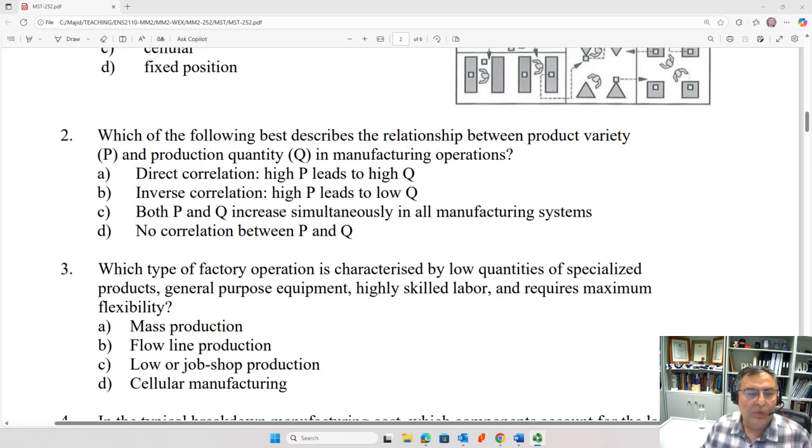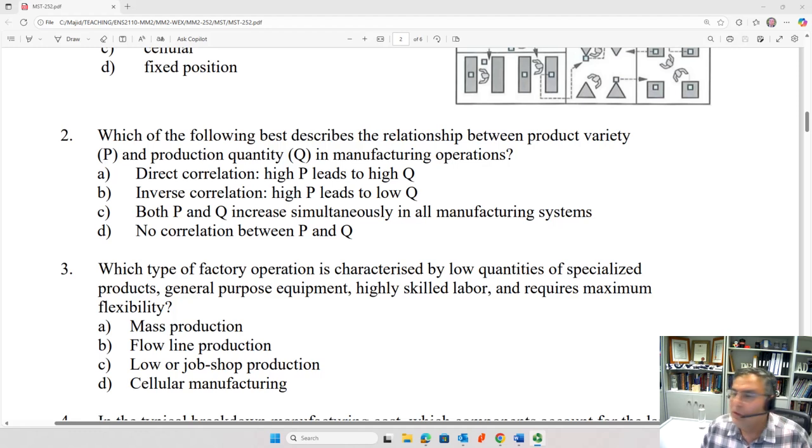Number 3, which type of factory operations is characterized by low quantities of specialized products, general purpose equipment, highly skilled labor, and requires maximum flexibility? Obviously, this is not the case for mass production when we are in need of high volume of production.